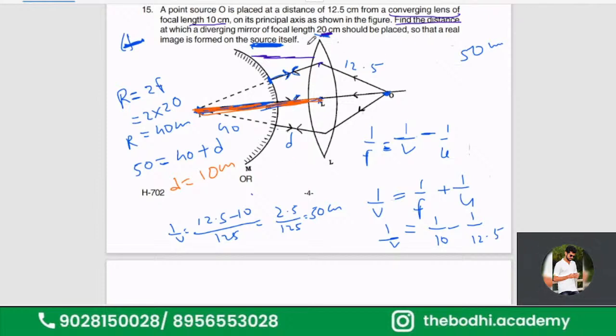So what should be the distance at which the diverging mirror should be placed? It should be placed exactly 10 centimeters away from the lens. The answer is you have to write 10 centimeters away from the lens.